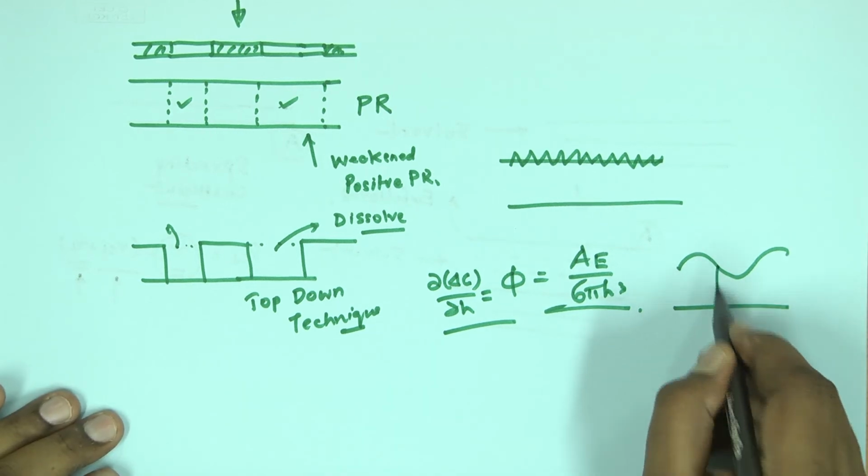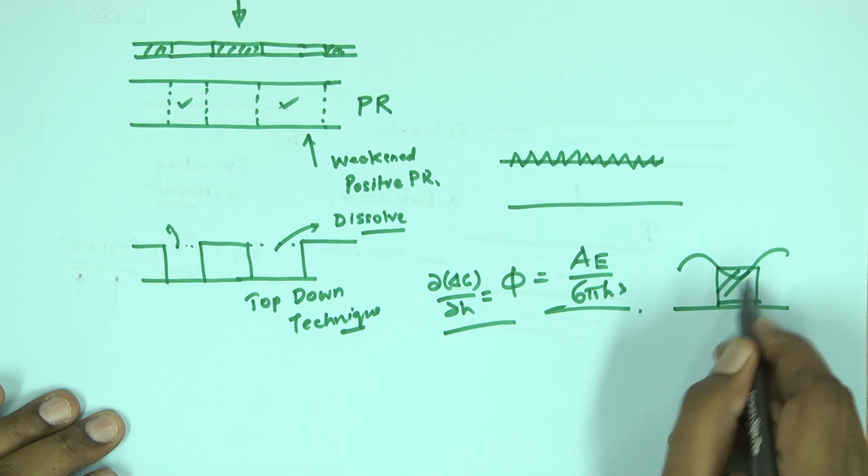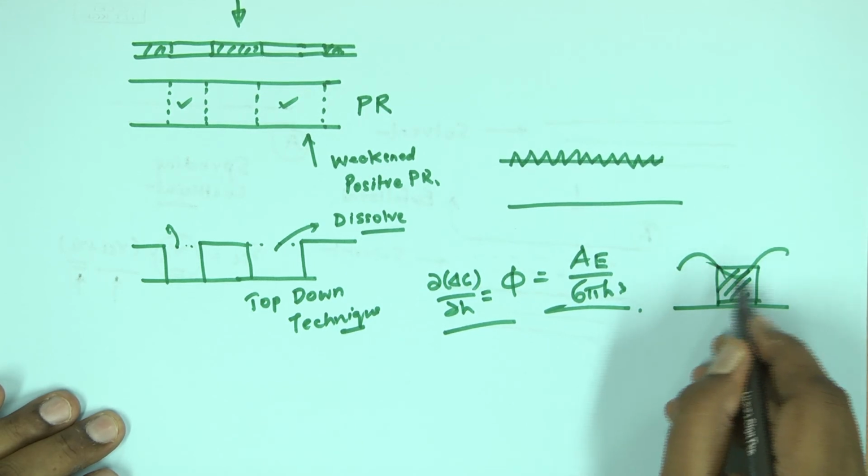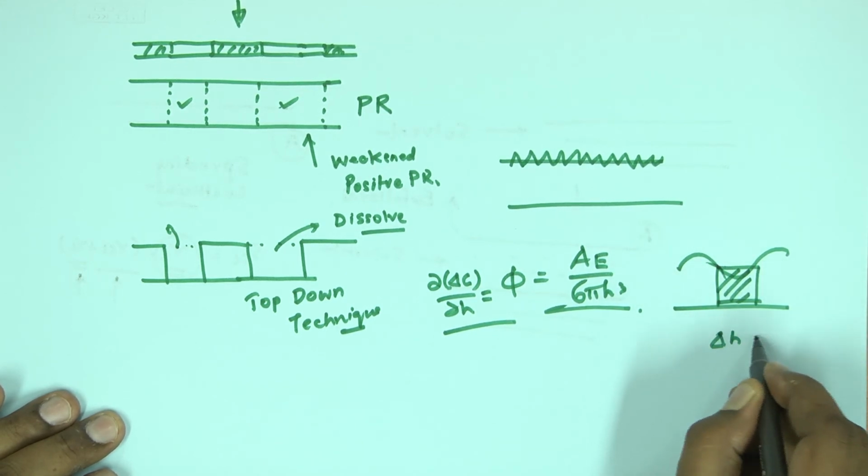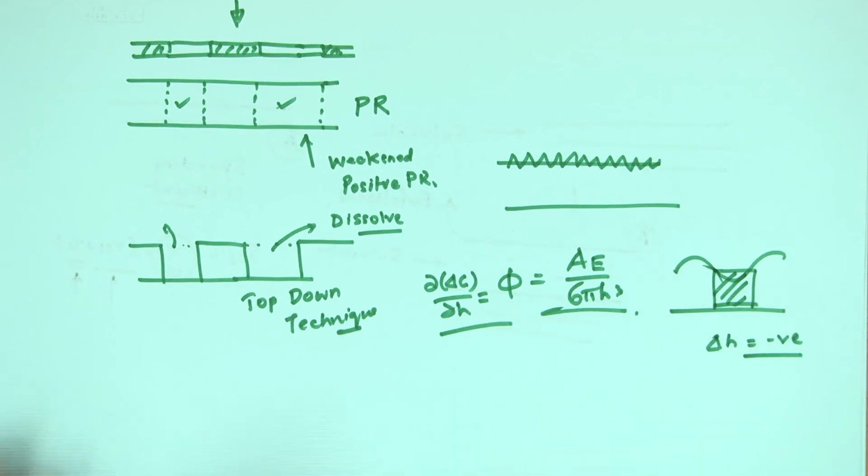And how it goes is, if you look at this part of the film, for example, here under one oscillation anyway delta H is negative. So what needs to be checked is, with reduction of film thickness, what is the sign of the change in delta G over there, right? That is the most important thing, because we all know that any natural process proceeds in the direction of energy minimization.